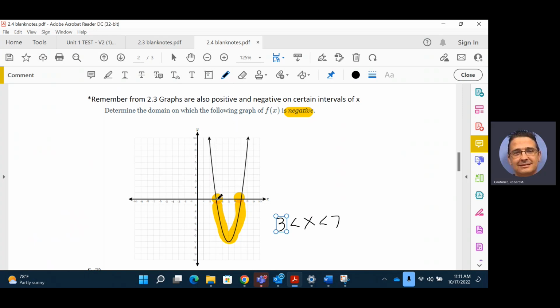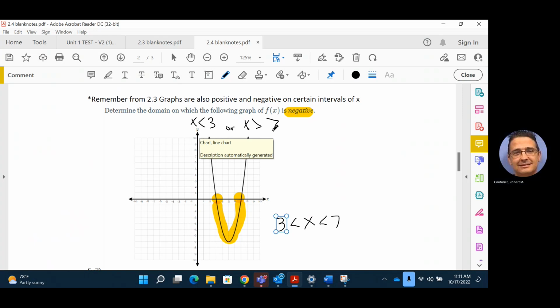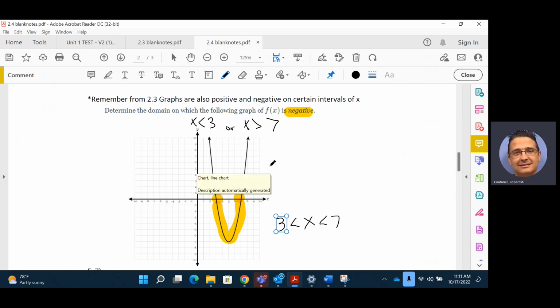So we can write it like this: when x is less than 3, it's positive, or when x is greater than 7, it's positive. And away you go. It's just looking at the graphs again. That was a refresher from the last lesson. Probably the most confusing thing we did last lesson, but with practice, it gets easier, guys.